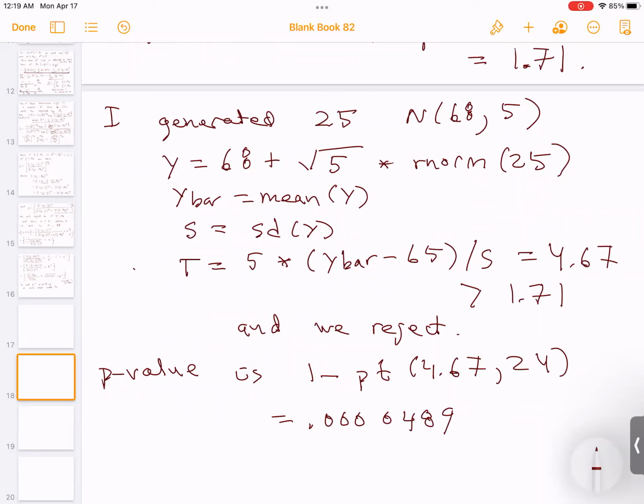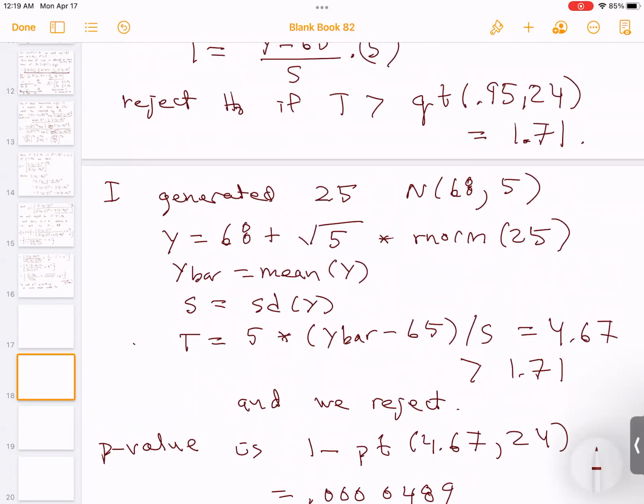Okay, so a lot of significance. You would expect this because you have a lot of samples actually. And the mean is, yeah, it's only 3 bigger than mu 0, but your standard deviation is 2.2.